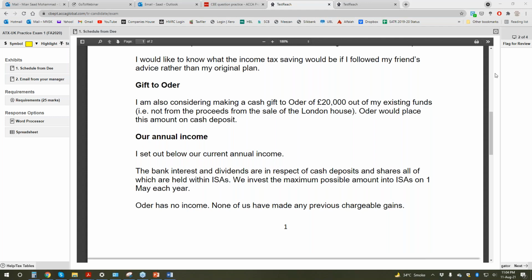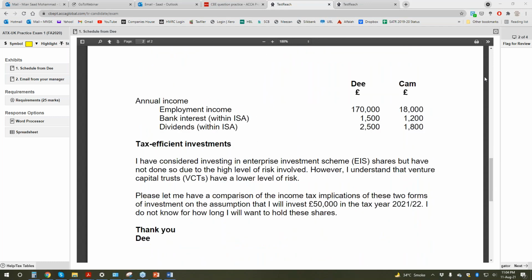Orla has no income. None of us have made any previous chargeable gains. Okay, now this is their income, guys. Annual income for D 170,000, then bank interest, and then dividends.